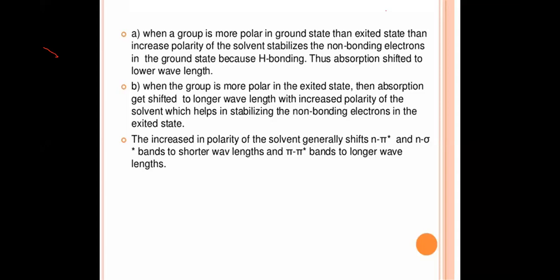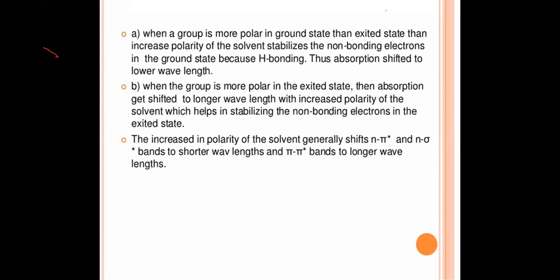Even yesterday in the last lecture we discussed, if unsaturation is there, then obviously there is a presence of different types of bonding, or say electronic involvement. So if a carbonyl group is there, or electronegative atoms are there, then obviously there is a presence of non-bonded electron pairs.